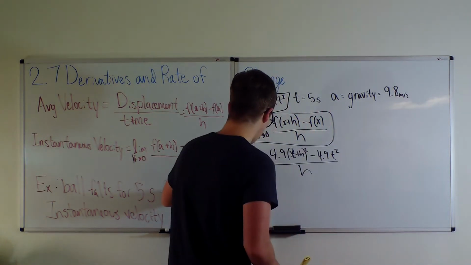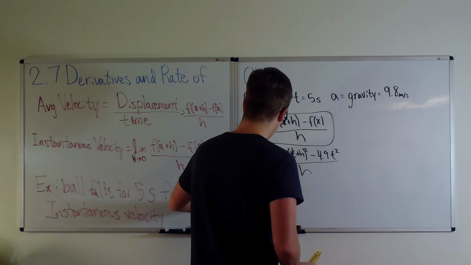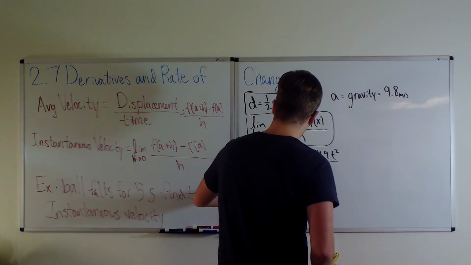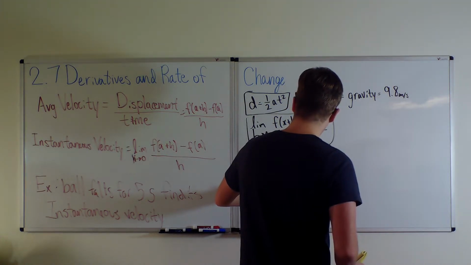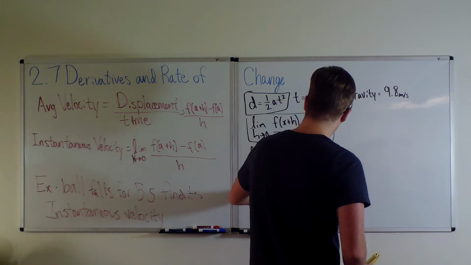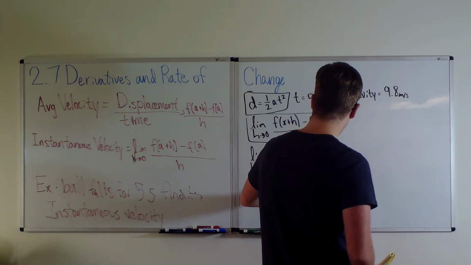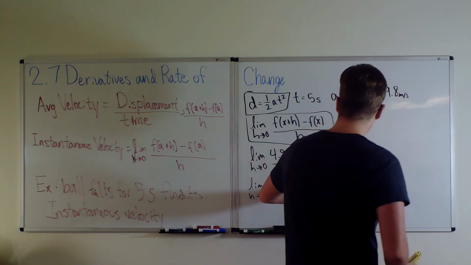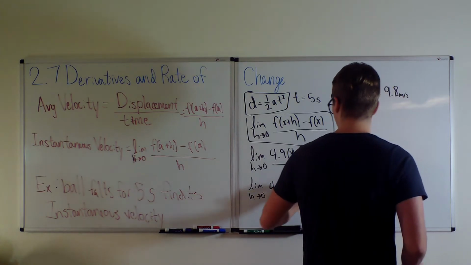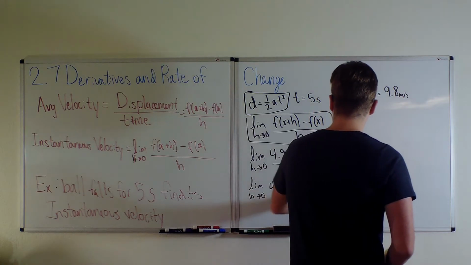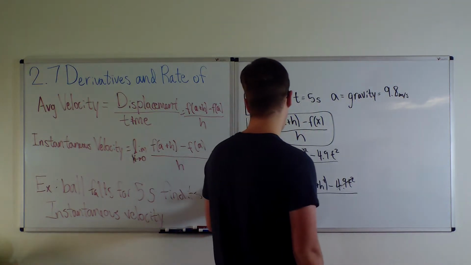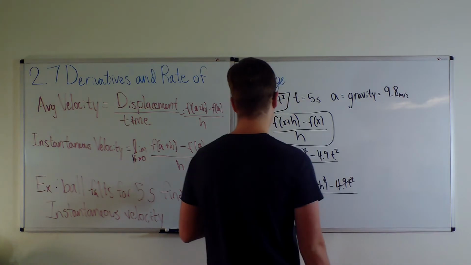So now we go limit as h approaches 0 of 4.9 times t squared plus 2ht plus h squared, minus 4.9 t squared. So then that's all over h.